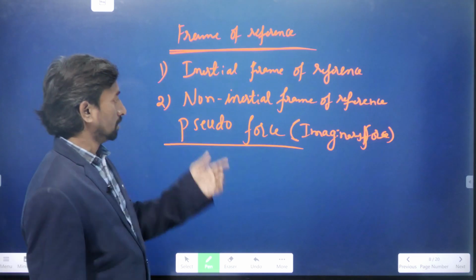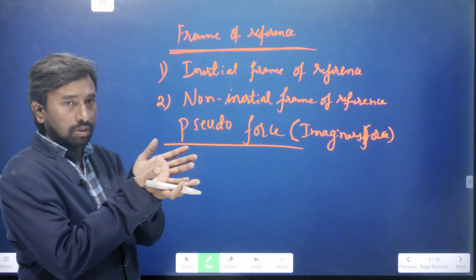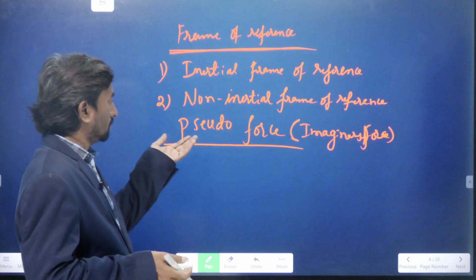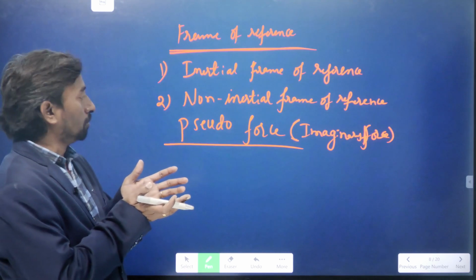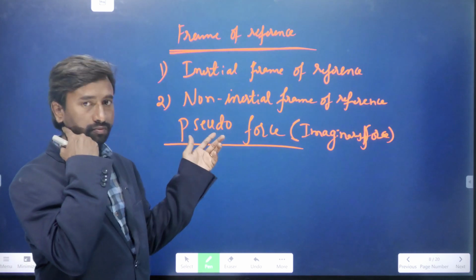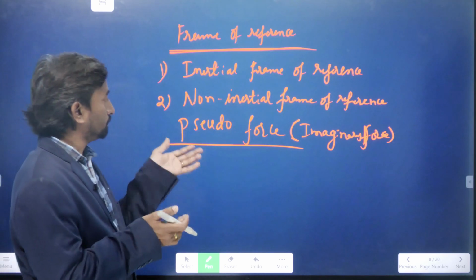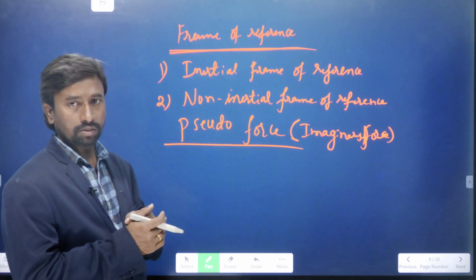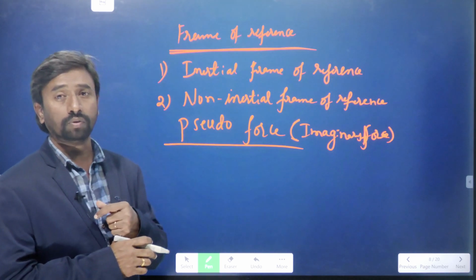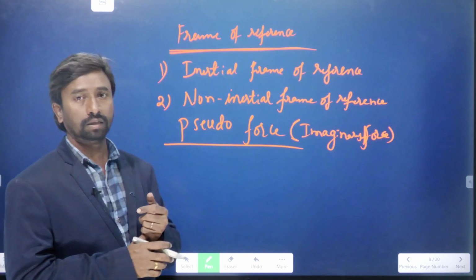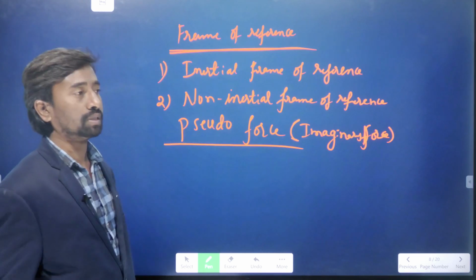If the frame has a certain acceleration and the mass of the body is considered, then the force acting is called the pseudo force, and that pseudo force will be equal to the net force acting on the body while the reference frame is in motion with certain acceleration.